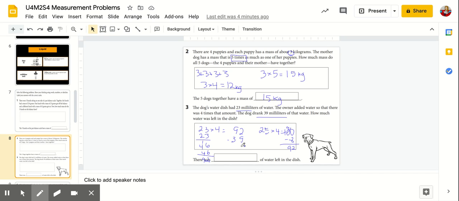Well, I don't really want to do that. I want to subtract 40. So I'm going to just shift this whole thing over with the constant difference strategy. I'm going to add 1 here, and I'm going to add 1 here. 93 minus 40.